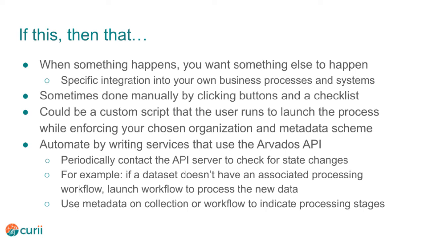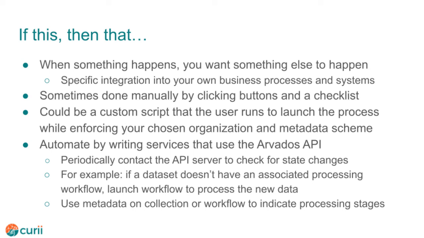One approach is a custom launcher script run by the user, which manages the ingestion and organization steps according to your chosen data organization scheme. Another approach is to write a service that checks for conditions in Arvados or other systems and then performs actions when those conditions are met. This can be as simple as a Python program running in a loop that performs an Arvados API query once a minute.